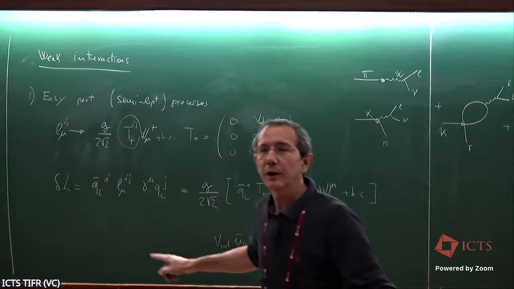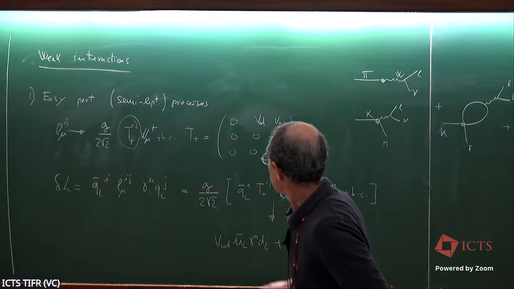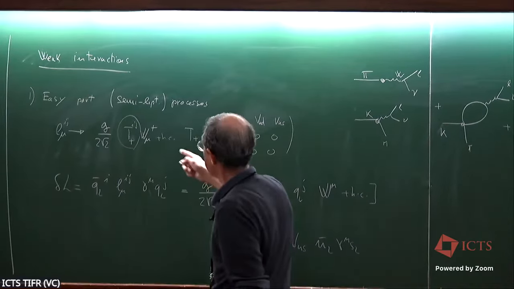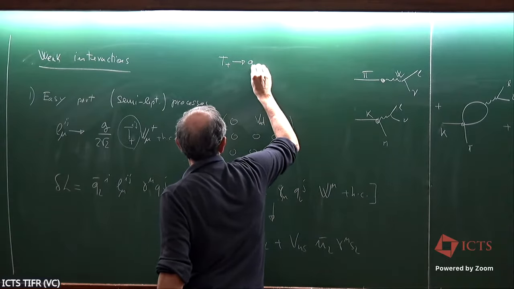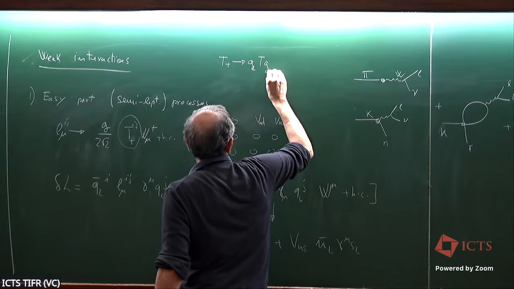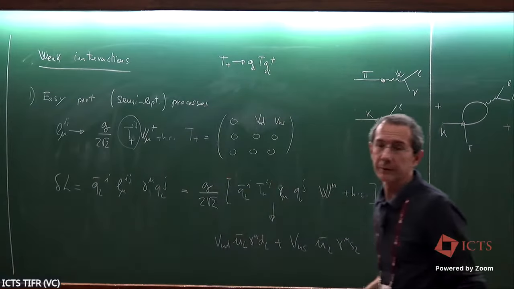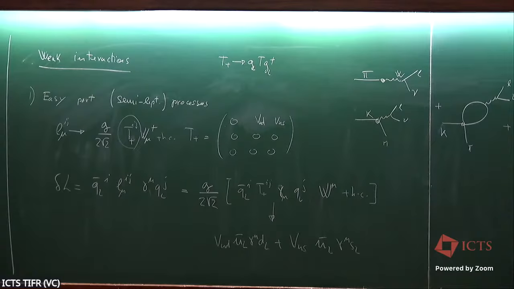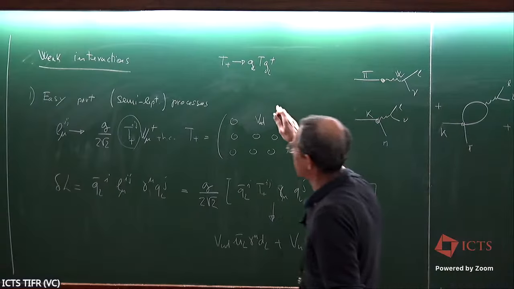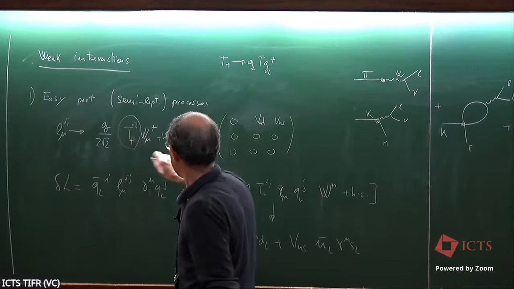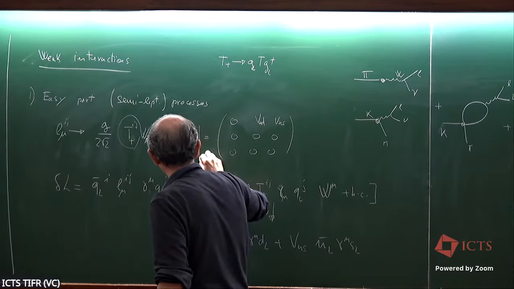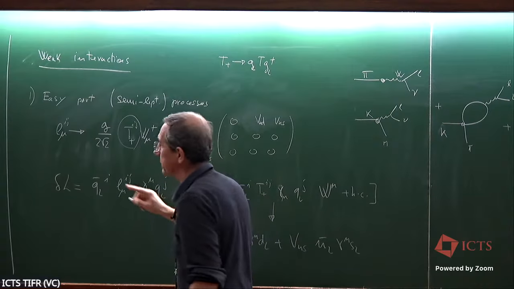Of course, I'll treat this as a spurion. So my T plus has to transform as G left. In principle, you can put something like that, but then this is the frozen value, the physical value, exactly like the electric charge.